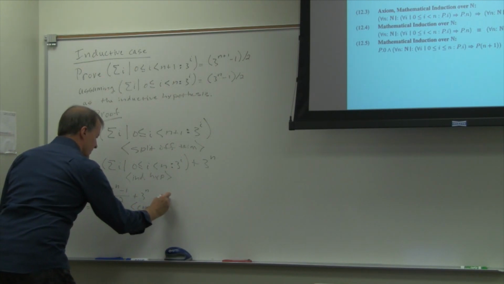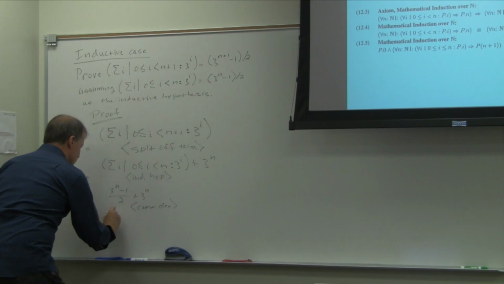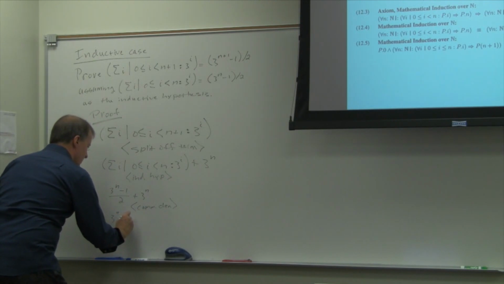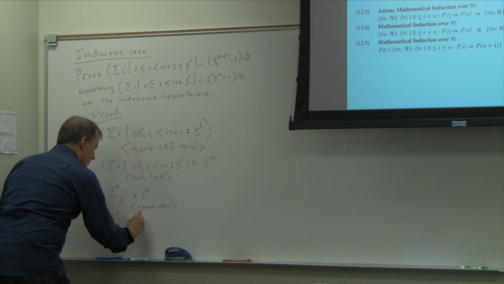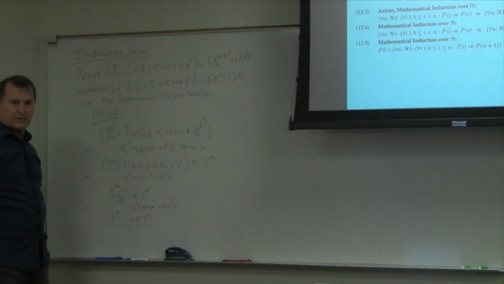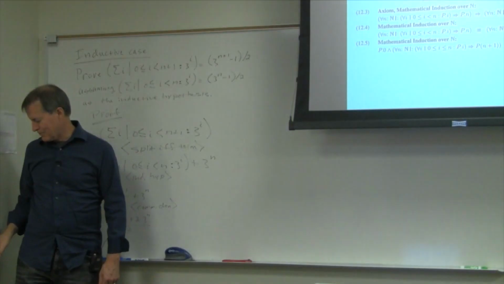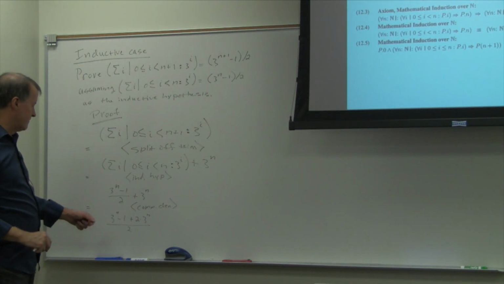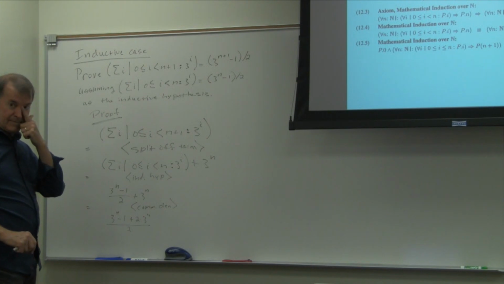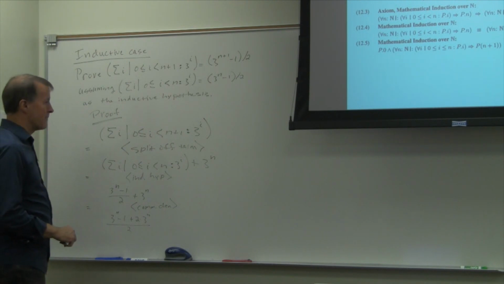So this is 3 to the n minus 1 plus 2 times 3 to the n, over 2. Is that right? Are we good? More math. So equals by math.